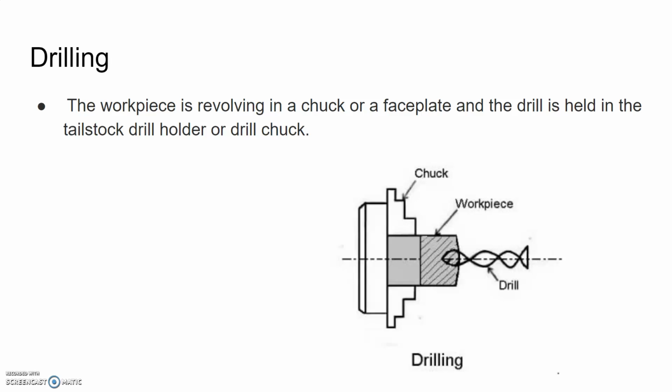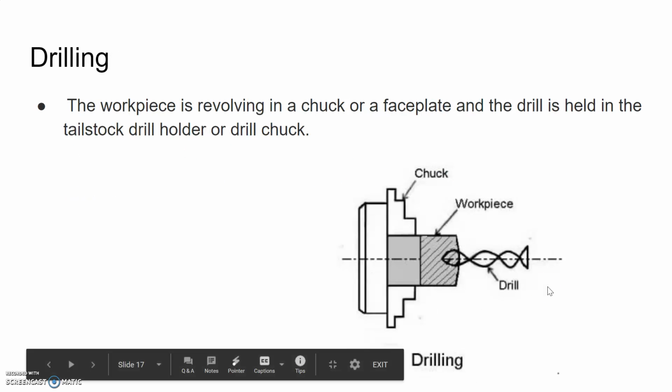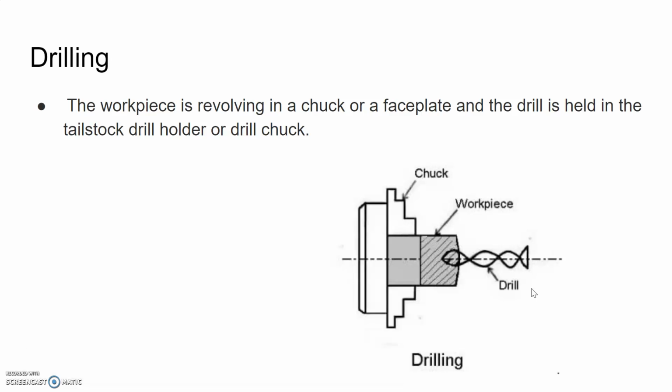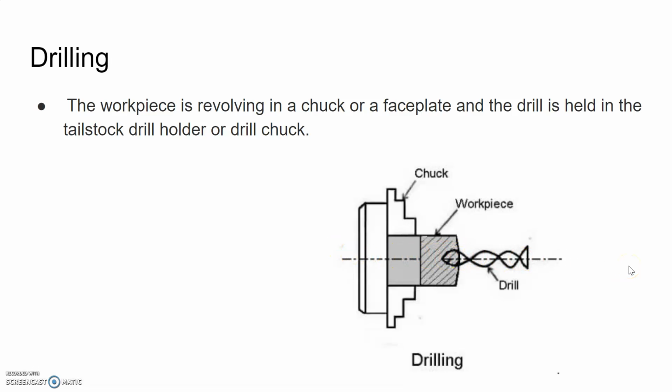So you may have to adjust your RPM between doing an outside turning operation, such as grooving, and drilling. This is most likely going to be done a little bit faster because you're dealing with a smaller diameter drill bit here. So what happens is the machine turns on and the drill bit moves in the Z direction towards the headstock, and then you pull it back out and it drills your hole.